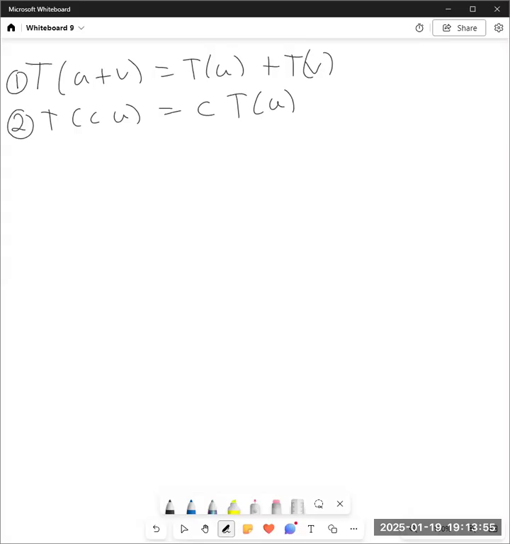So let's look at number 1 and finding the image and pre-image of a transformation. Image would be the output value of the transformation. Pre-image would be what input value gives you the output value.